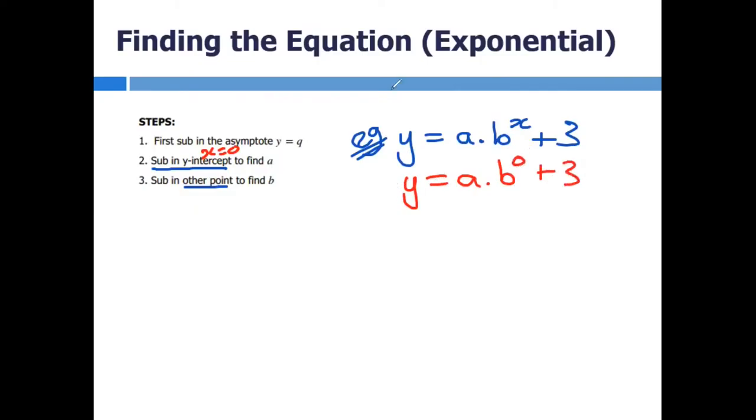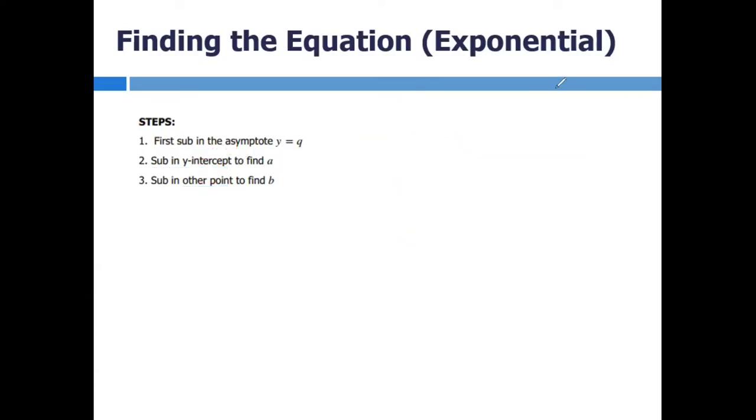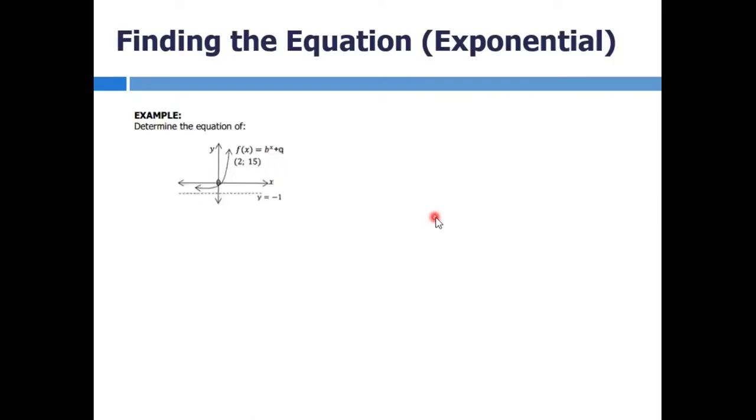The y-intercept could have been, I don't know, -4, I made this up. Do you see that the b is going to fall away because anything to the power of 0 is 1? We reminded ourselves of that in our algebra on Monday. So you'd land up with just -4 is equal to a plus 3. That is why they tell you to substitute the y-intercept first. But pay attention to what they've given you in the question.